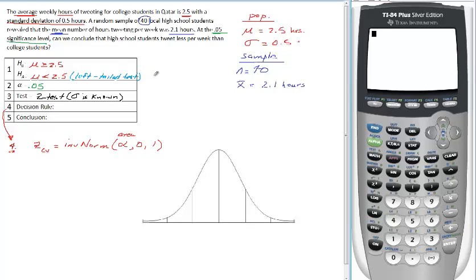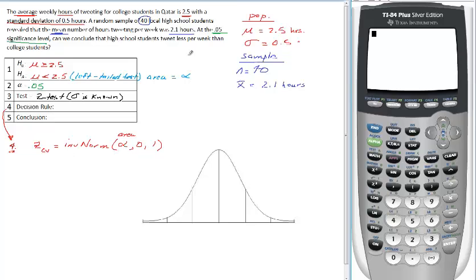And in a left-tailed test, the area is equal to alpha. The area for a right-tailed test is 1 minus alpha, and the area for a two-tailed test is alpha over 2. Okay, so this is a left-tailed test because of the less than right there. All right, so we are doing alpha.